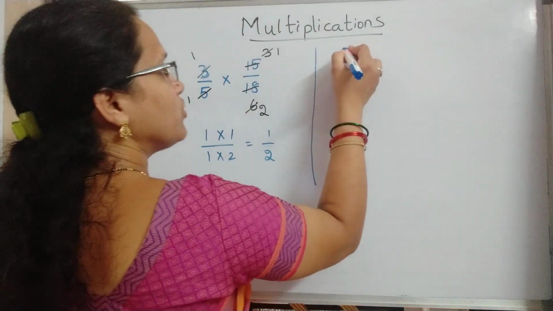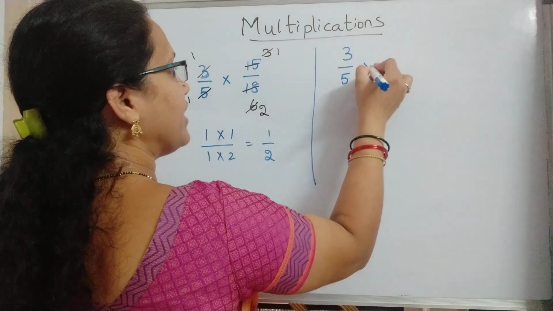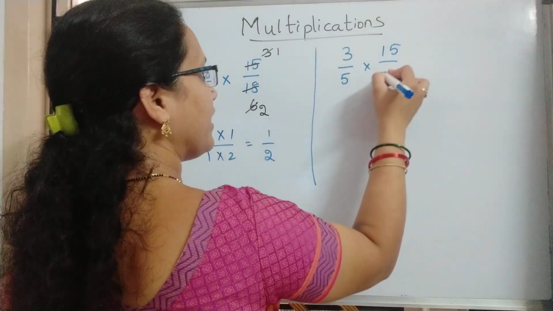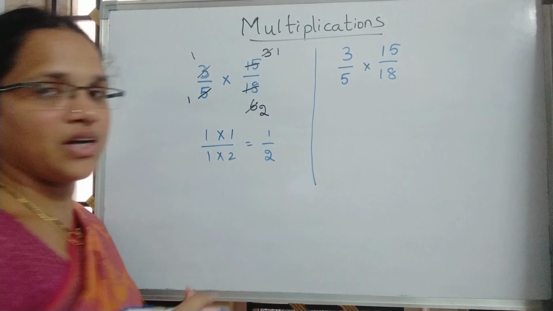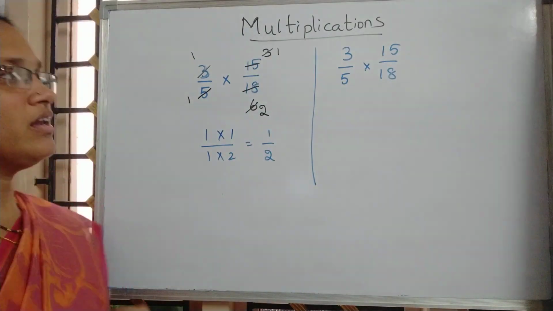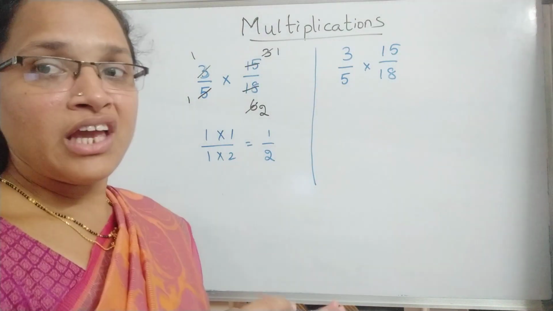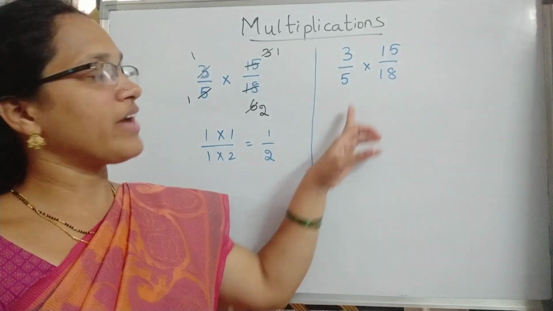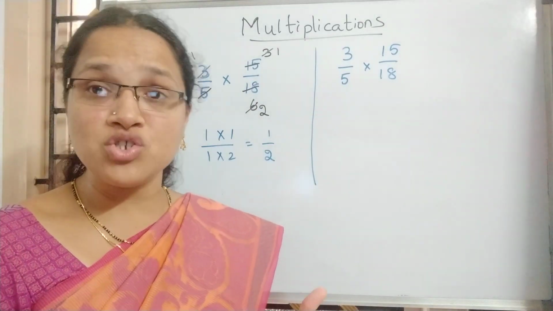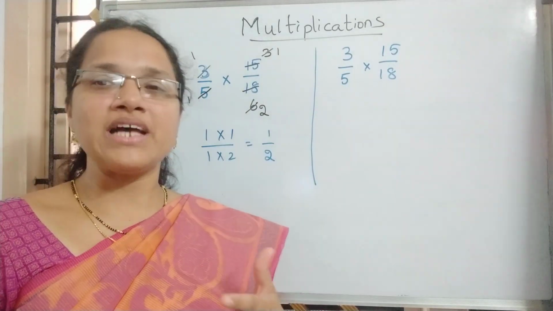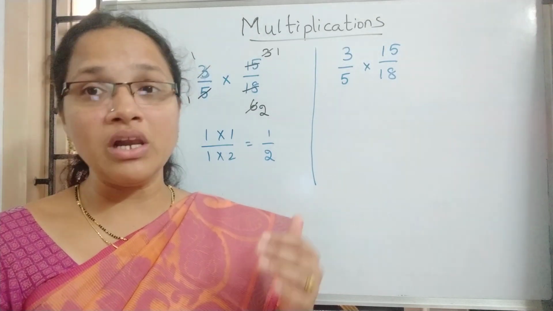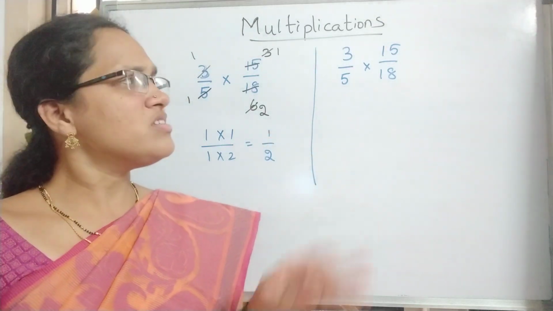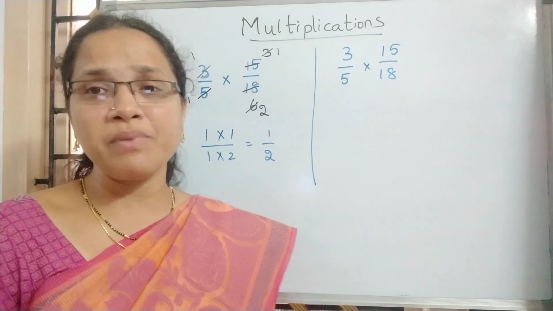So 3 by 5 into 15 by 18. If you are confused about cancelling them, that's fine, but as you go to higher classes, it is better you learn how to cancel them, because this is the same way as we do the simplest form.